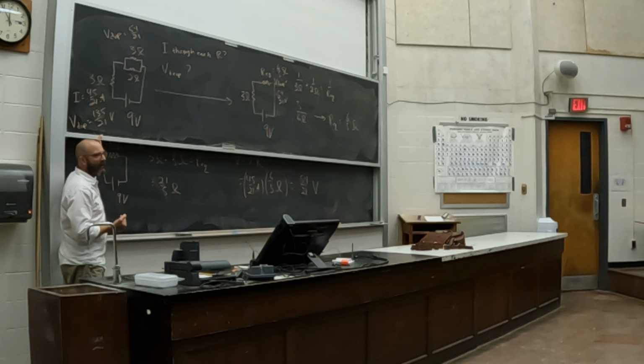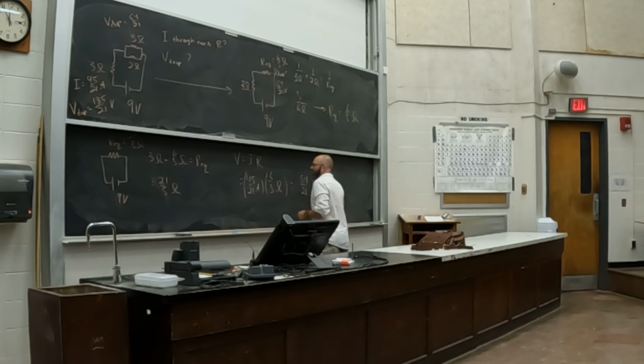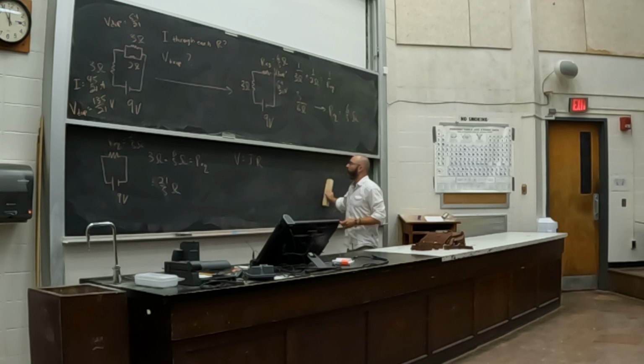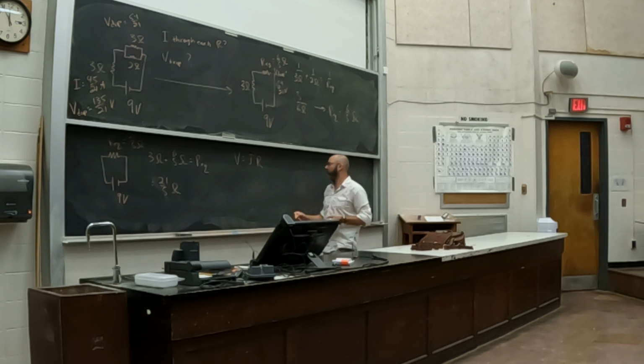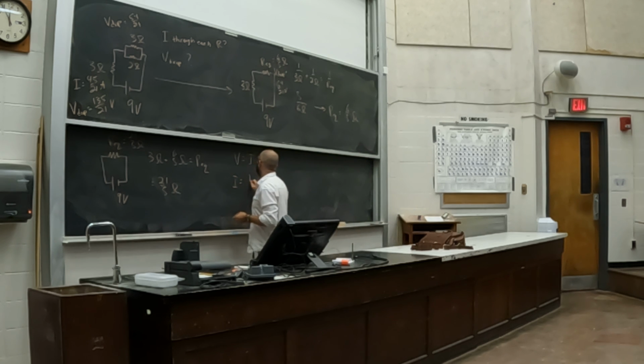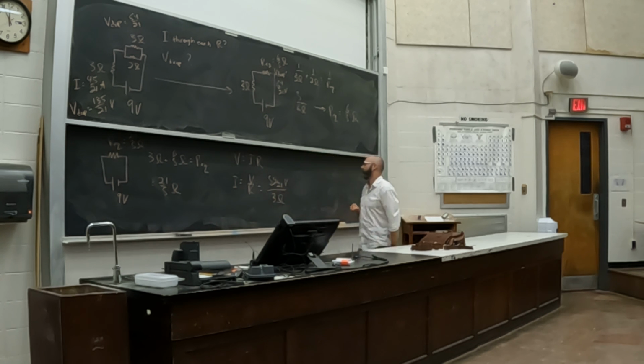Now I can tell how the current splits. I still have my same expression, Ohm's law. I know the voltage, I know the resistor, I don't know the current, which is what I'm looking for. Rearrange. So it's going to be 54 over 21 volts divided by 3 ohms.